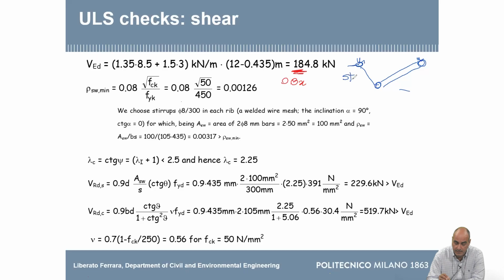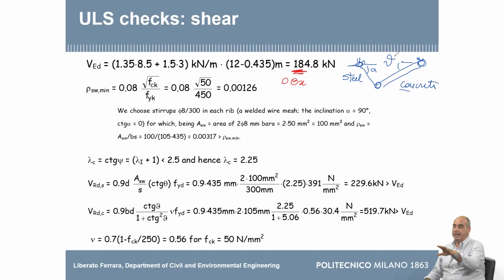This is steel, this is concrete, and this is the mechanism which is then superimposed and multiplied that governs the shear strength. Well, in a general form, the steel has an angle alpha and the concrete has an angle theta.